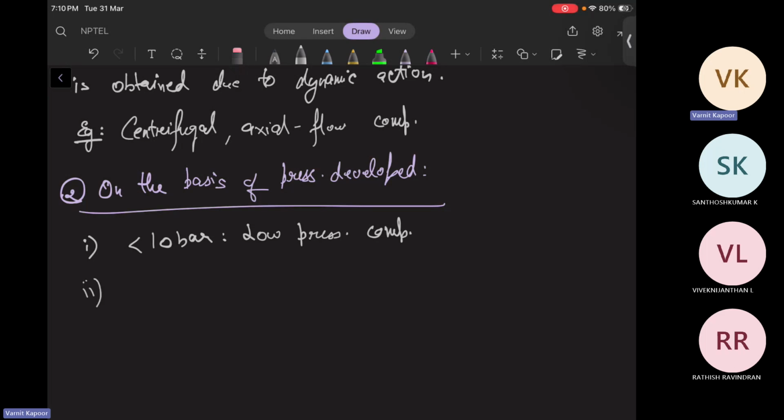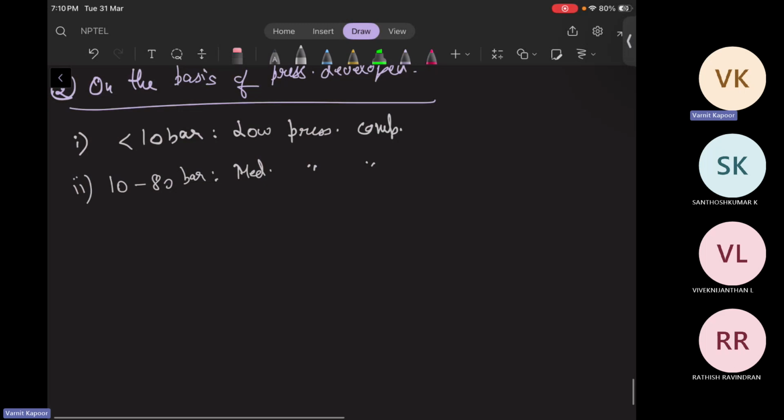Between 10 to 80 bars, it's medium pressure compressor. And third is greater than 80 bars, high pressure compressor.